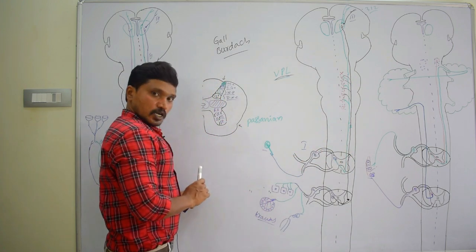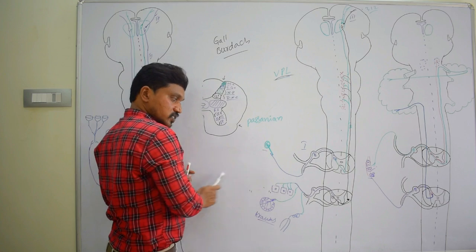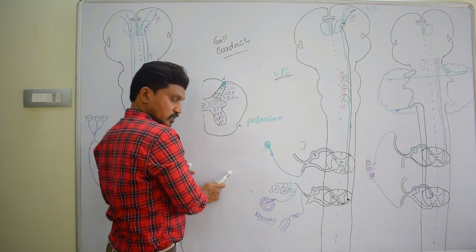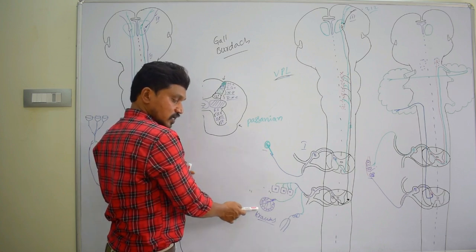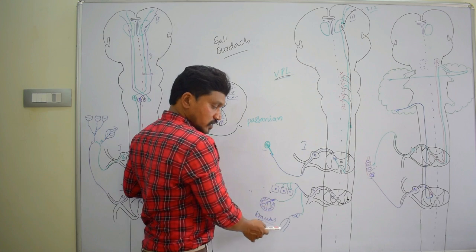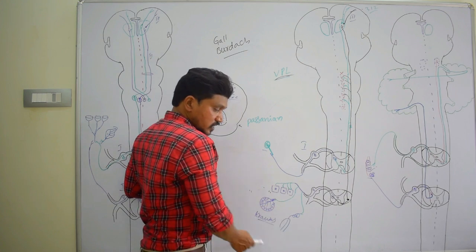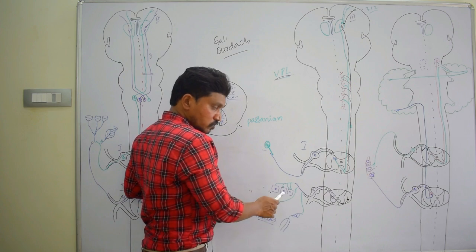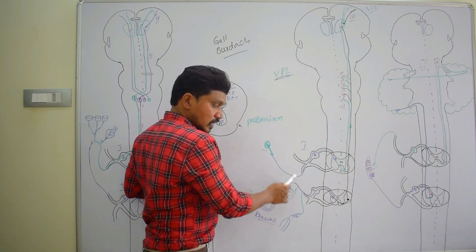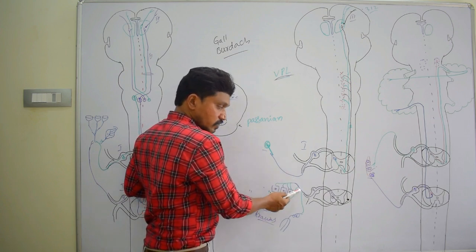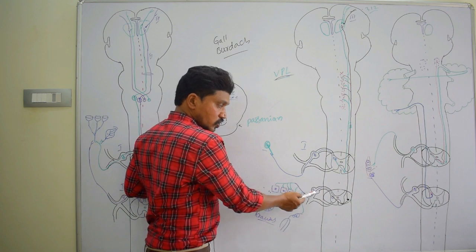Then the lateral spinothalamic tract. It carries pain sensation, and the receptors are free nerve endings. For cold sensation, the receptors are Krause's end bulbs. For warm or hot sensation, the receptors are Ruffini's end organs. When these receptors are stimulated, that stimulus will be converted into electrical impulses. Those impulses will be carried by the peripheral processes of the dorsal root ganglion cells.